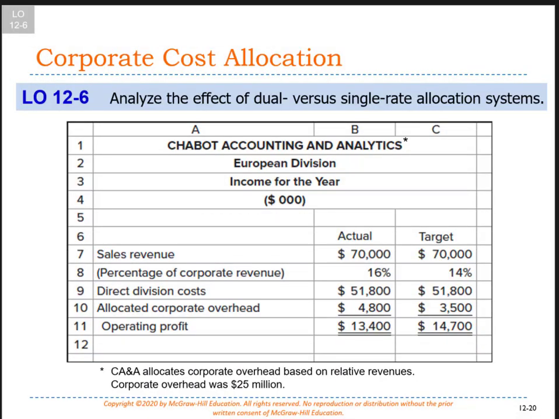So in doing this, we have to be a little careful with corporate cost allocations.